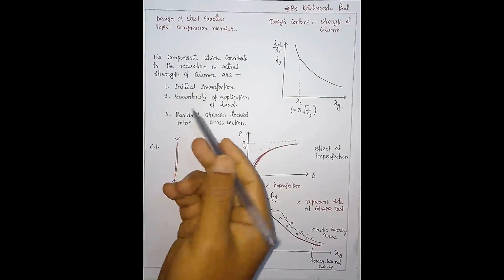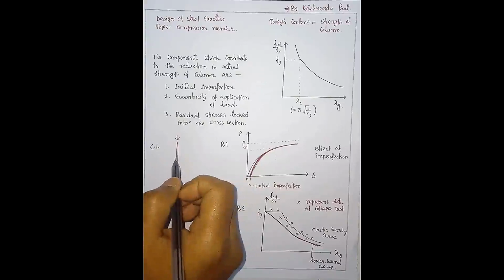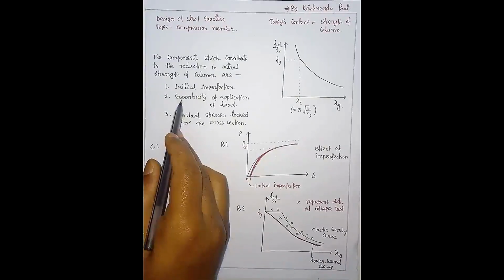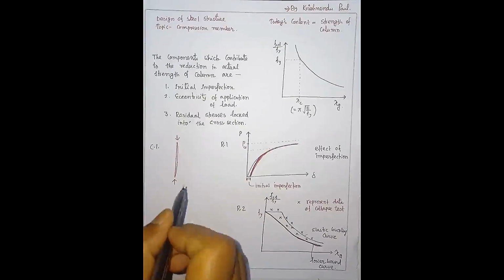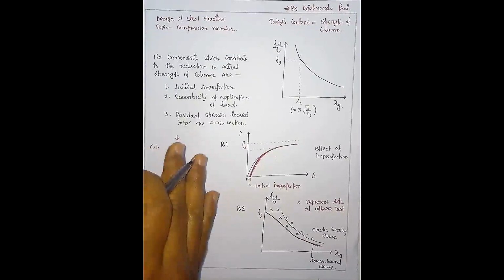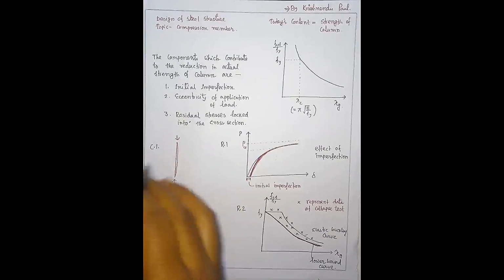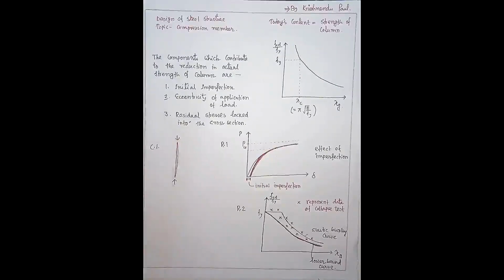That is somewhat similar, because if there is imperfection, the column is deflected. In the second case, eccentricity, the load will not act at the CG of the cross section. That means from the very beginning the column section will be subjected to bending moment, so the effects will be somewhat the same. So I will not describe the second case.